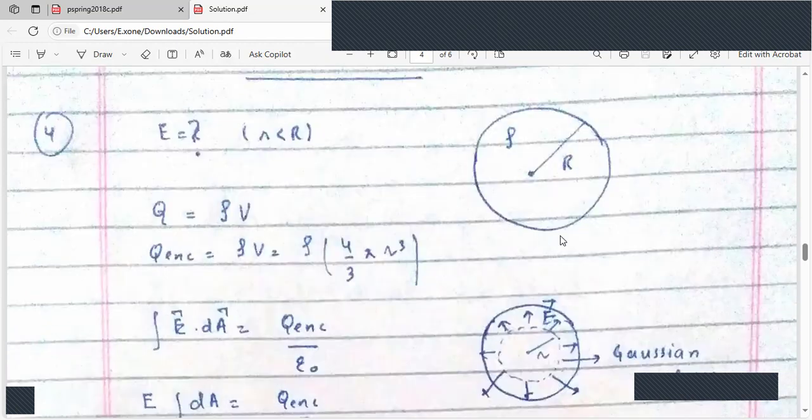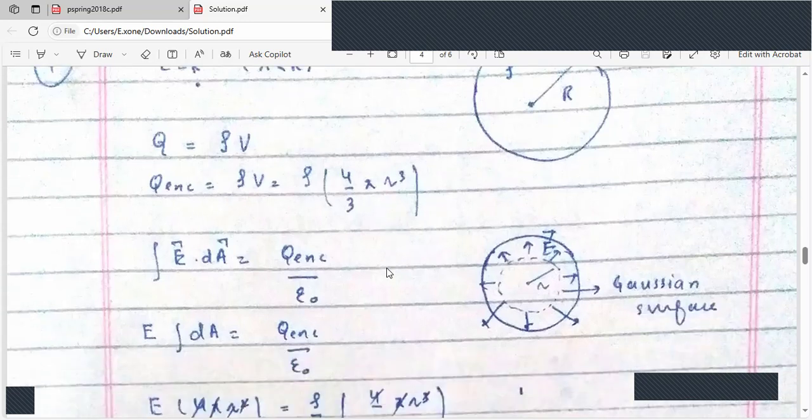The Gaussian surface we are going to consider is also spherical with radius small r, and the small r is smaller than the radius of the whole sphere. So first we want to know the charge enclosed by this Gaussian surface. We can calculate it using the charge density and the volume, and we know that the volume of a sphere with radius small r would be 4/3 pi r cubed.